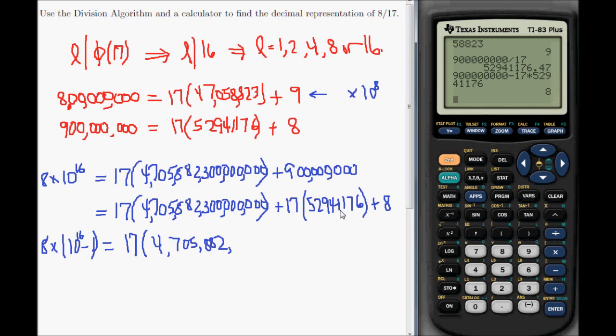Then over here, I would have 300 million plus 52 million for 352 million, 941,176.